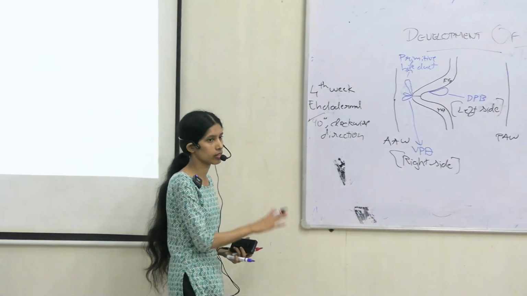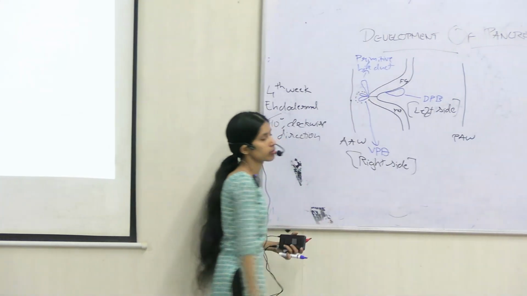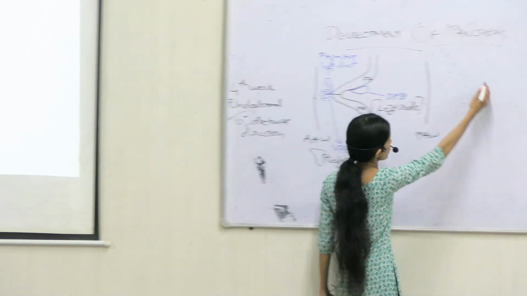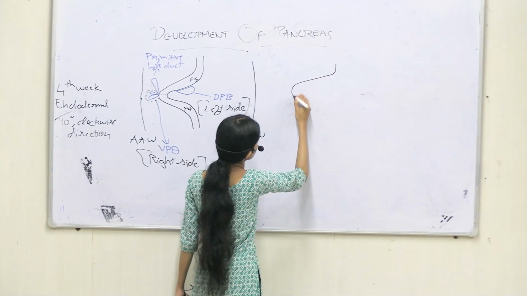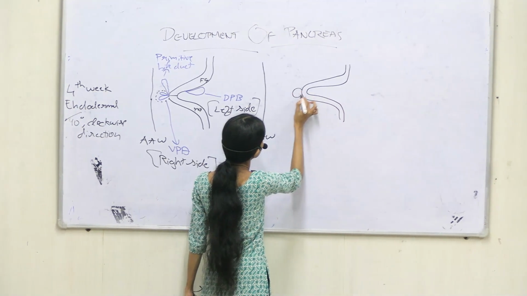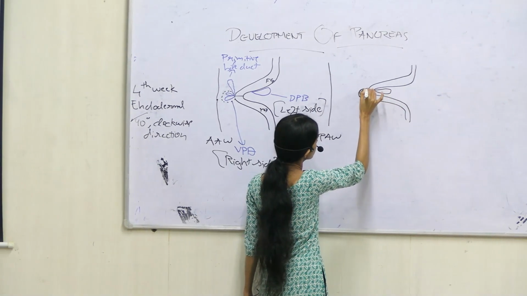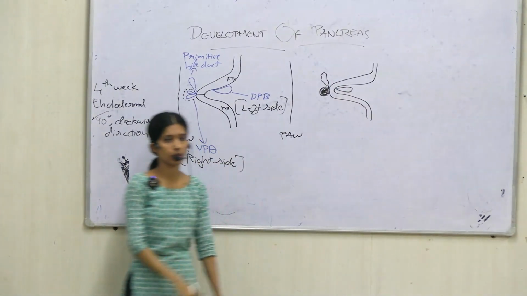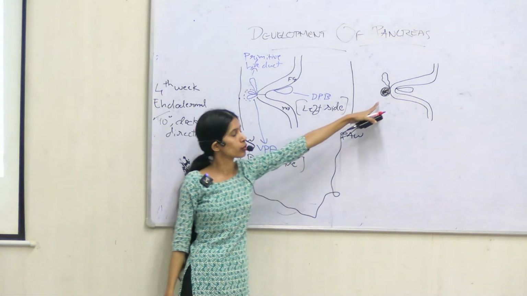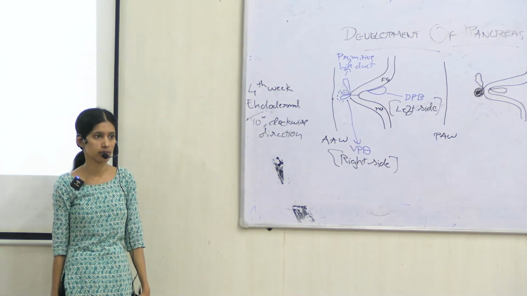When this rotation is happening, the bilobulated ventral pancreatic bud is going to fuse with one another. Once the fusion takes place, this is how the structure is going to appear. There will be no other changes.